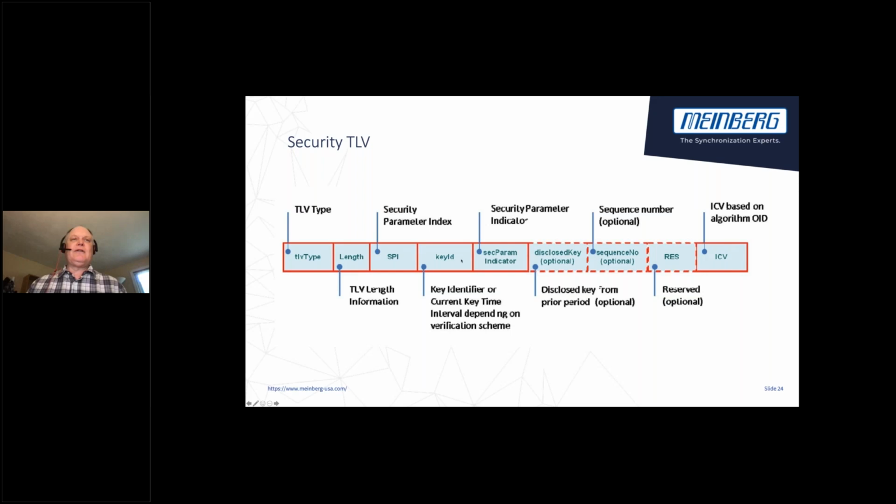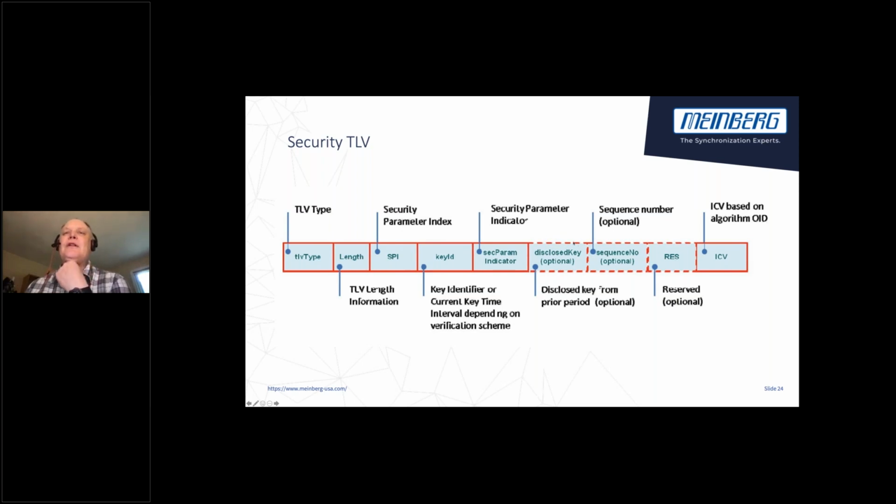And then a key identifier, this is a number that is not the key, it just refers to which key we're talking about. So if you were able to get the key, you got the key ID with it. This one's a security parameter indicator. The SPI just says which of these optional fields are going to be included. It's just a flag field.